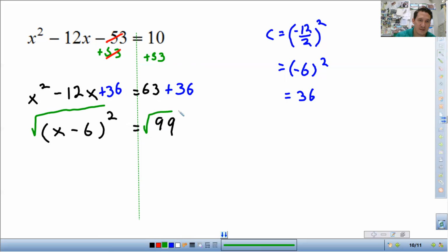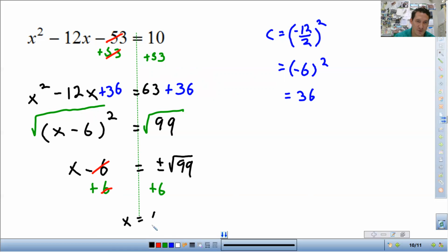Square root both sides, you get x minus 6 is equal to square root of 99. We're just going to leave it as plus or minus the square root of 99. Last step, add 6 to both sides. You get x is equal to 6 plus or minus square root of 99.